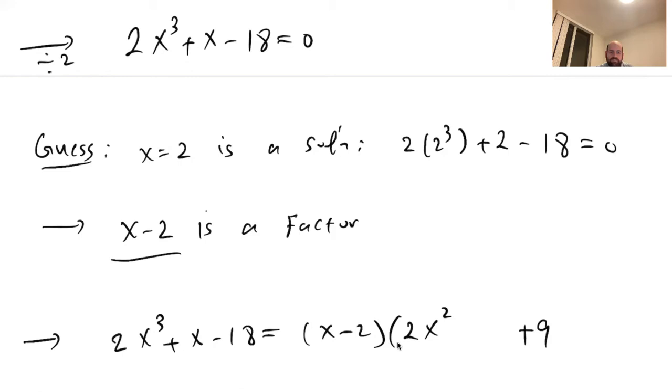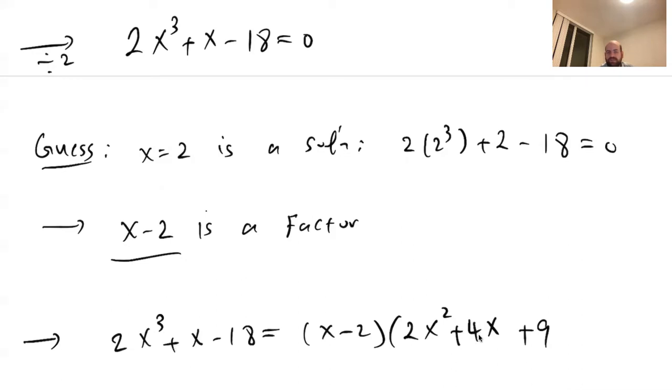And how much should be the coefficient of x? I'm going to get 9x from the constant term. How many x do we have on the right hand side? I have 9x plus this term here. So this should be plus 4x, because plus 4x times minus 2 will be minus 8x, and plus 9x will be plus x.